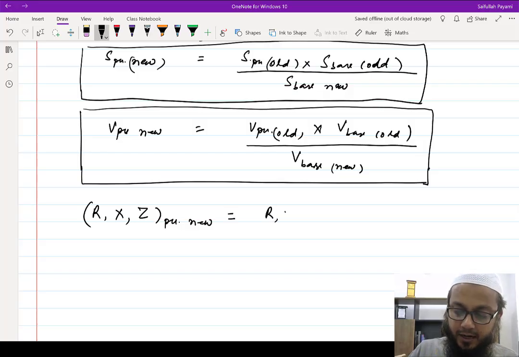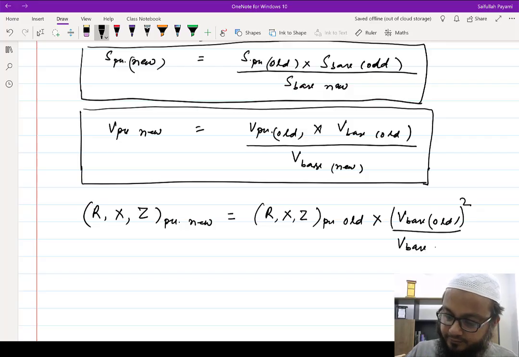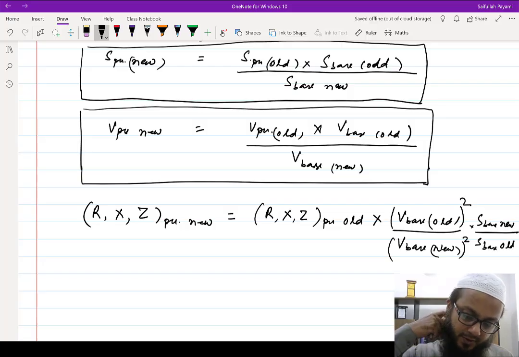So it would be R, X, Z all in per unit old quantity into V base old quantity whole square upon V base new whole square into S base new upon S base old.